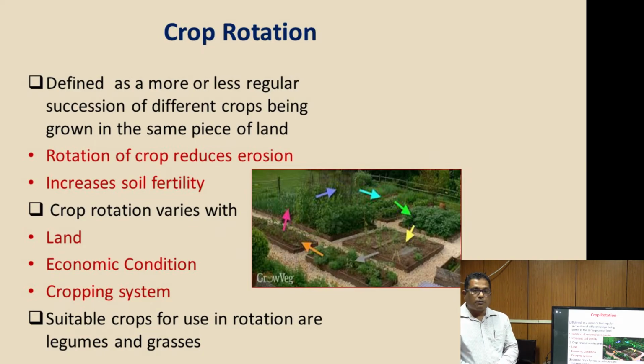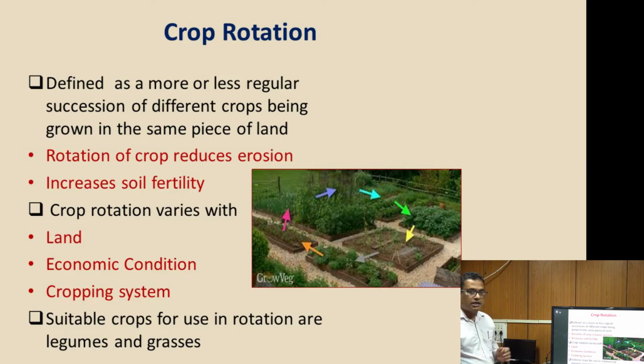Now coming to crop rotation. This is a technique where successive different crops are grown in the same piece of land. To explain in simple terms, as indicated in this figure, there is a farm boundary with many patches of land.